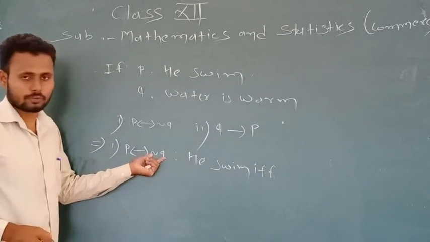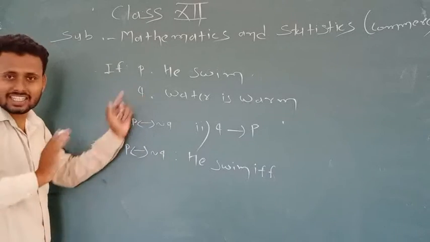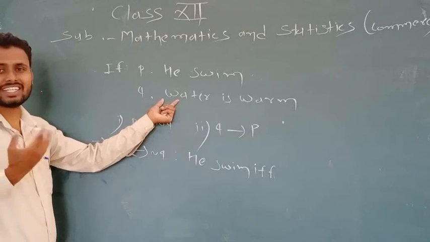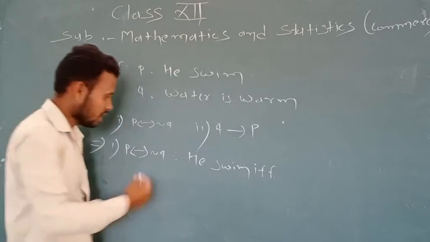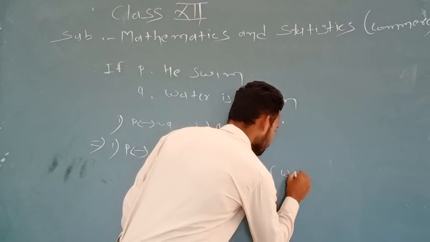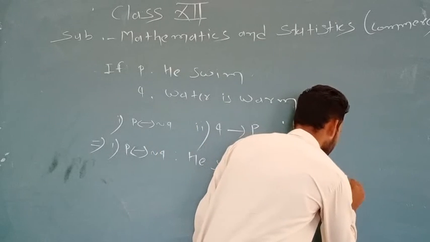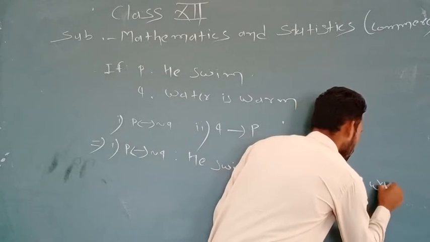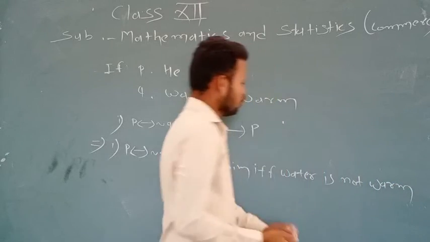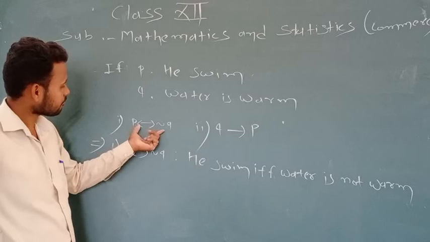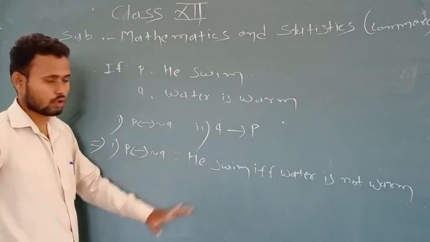Here, negation of Q means we have taken the negation of statement Q. Q is water is warm, then its negation is water is not warm. So: he swims if and only if water is not warm, which is the required verbal form of the given symbolic statement.